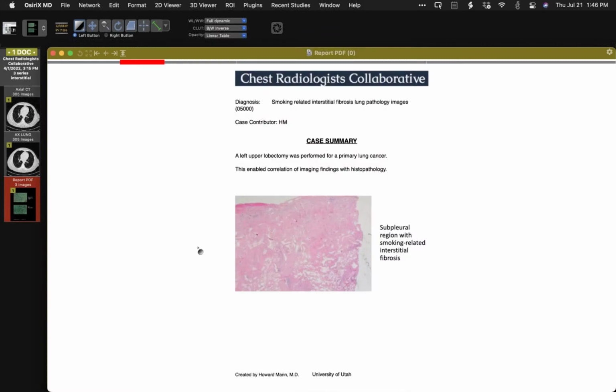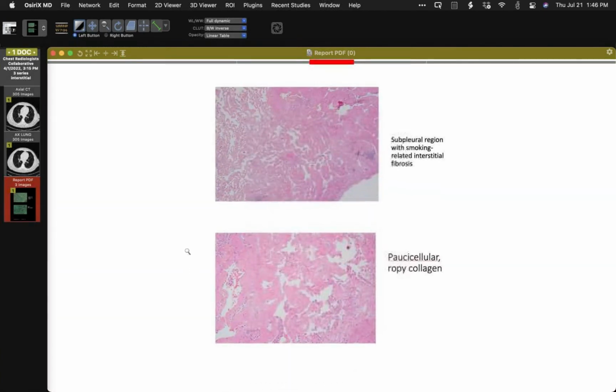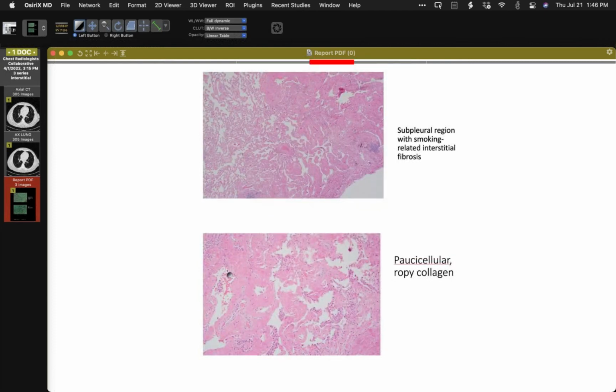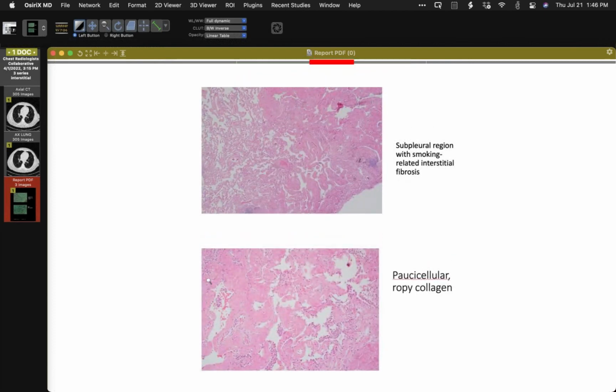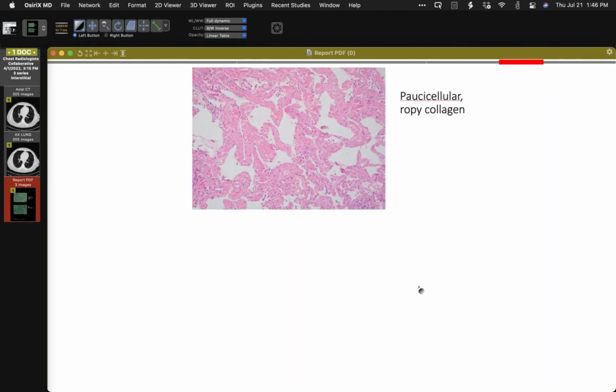So we have findings consistent with smoking-related interstitial fibrosis. But I really want to show you these images here because these are nice path images. It turns out that the collagen deposition with smoking-related interstitial fibrosis is apparently, to a pathologist who's aware of it, very distinctive. They describe so-called ropey collagen deposition.